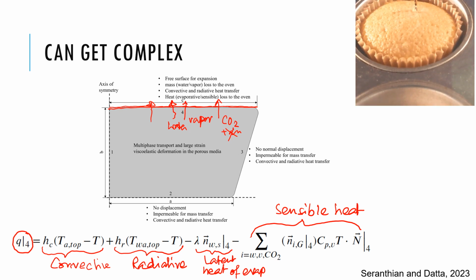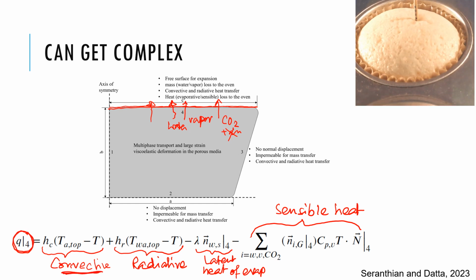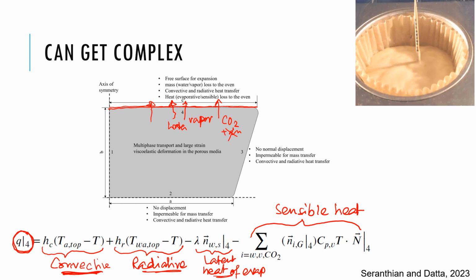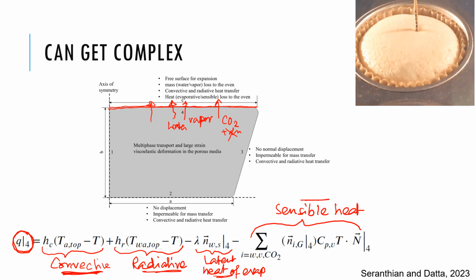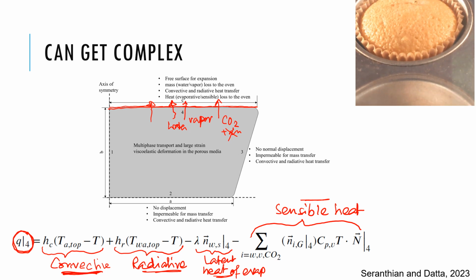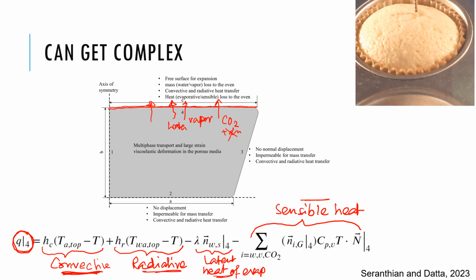So at the boundary, my condition is the flux equal to convective, radiative, latent heat, and sensible heat. So you can see it can get quite complex, but the point is most computational programs can handle this.